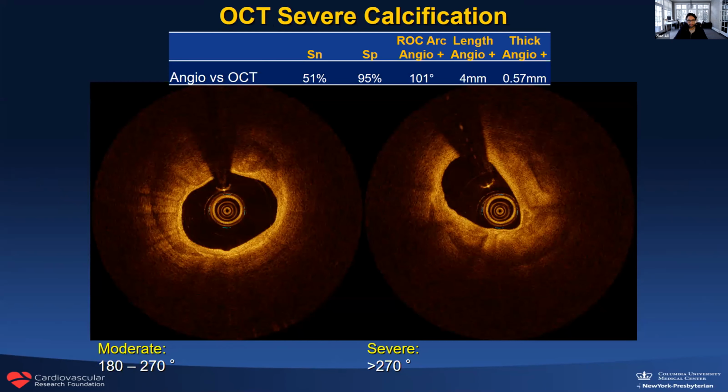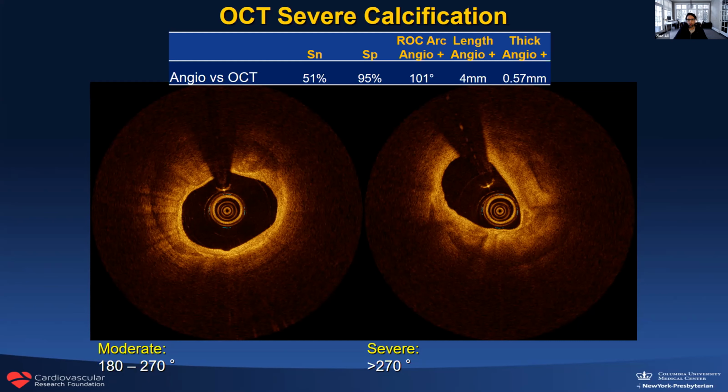Now, OCT makes it much easier to identify calcification, because OCT uses light, and light can penetrate through a crystal, and calcium is a crystal. The criteria for determining whether calcification is severe or moderate are the same as with IVUS, but you have more utility in the OCT criteria to identify angiographic calcification.